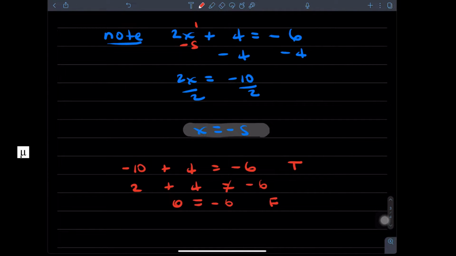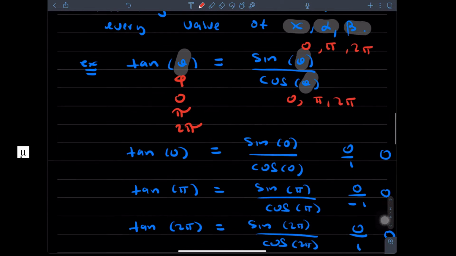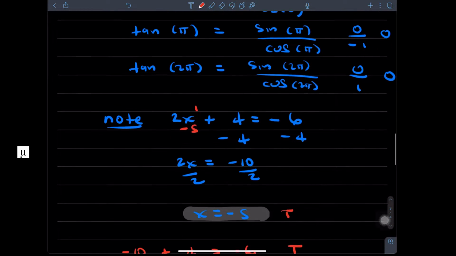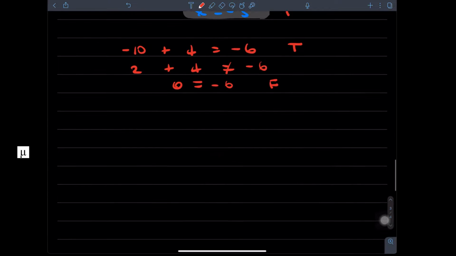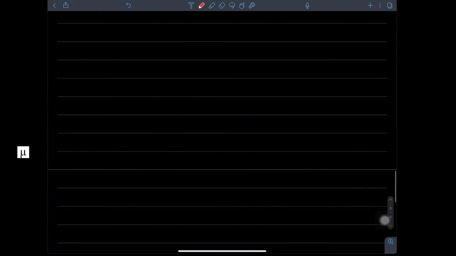So if you change those values, you don't get a true statement anymore. Identities are so special that they work for any value of x. Equations only work for unique, special values. x is -5 will give you the true statement. This is a very important idea here, ladies and gentlemen. You guys get the picture?